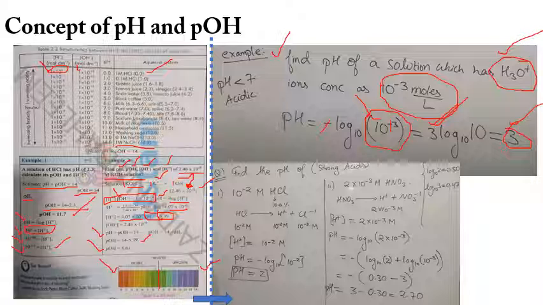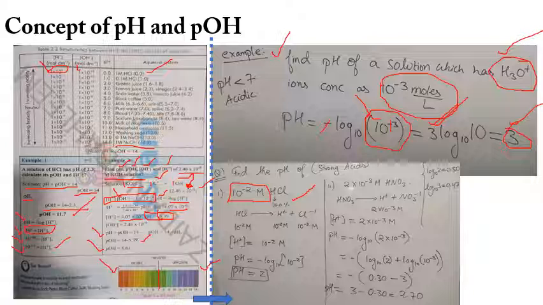Now another problem: find the pH of a strong acid, 10 power minus 2 concentration of HCl is given. HCl dissociates 100%. In the equation, it dissociates to H plus and chlorine minus.